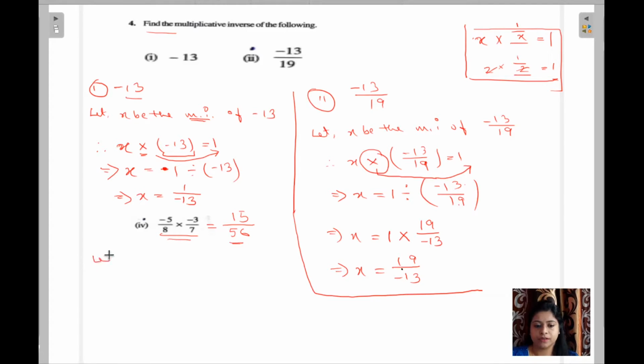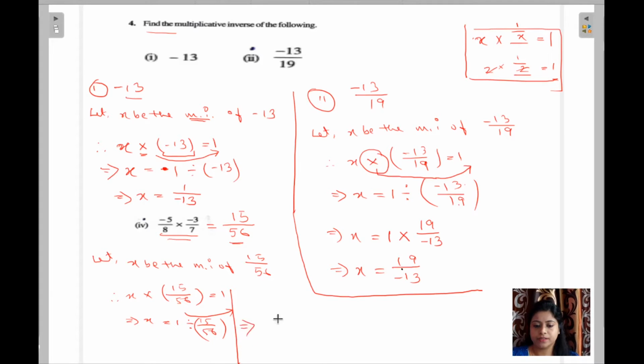Same process again. Let x be the multiplicative inverse of 15 by 56. So therefore x multiplied by 15 by 56 is equal to 1. Again same thing, we only have to take the value to the right side of the equal sign. 1 divided by 15 by 56.